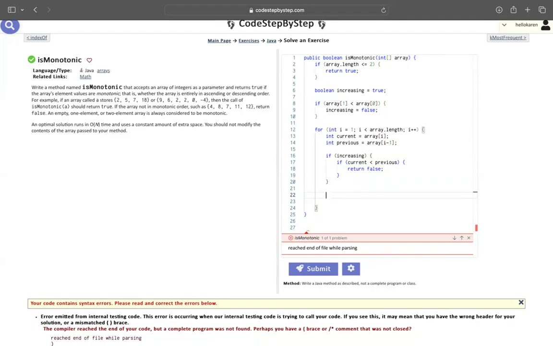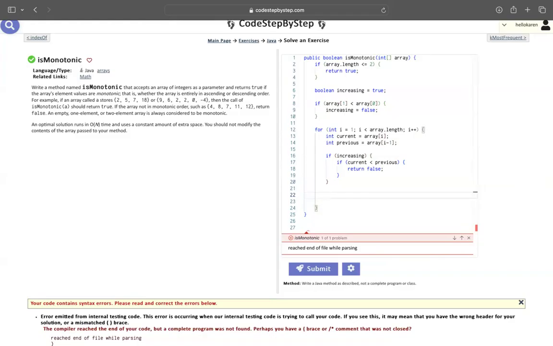If increasing is false, is what you're saying. You could do that, or you could just do an else, because if your boolean increasing is true, it'll trigger the if, and if it's false, it'll trigger the else, right? There's only two possible options. So you don't need to check if increasing is false.